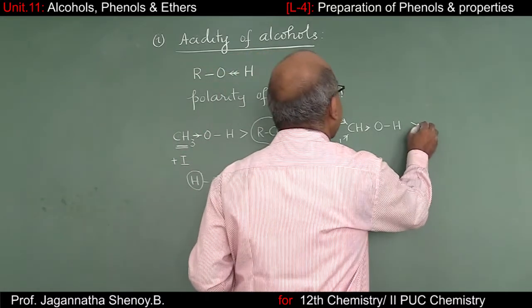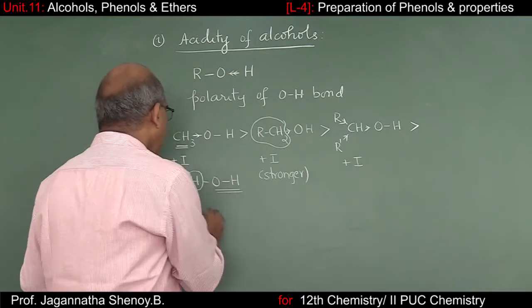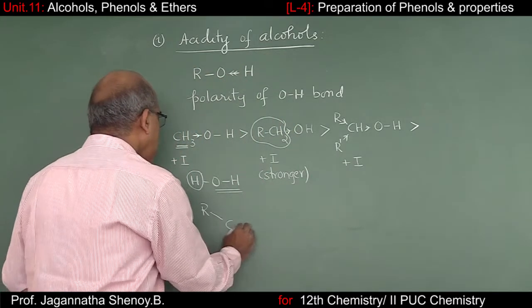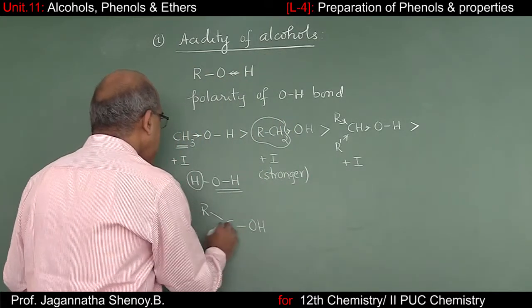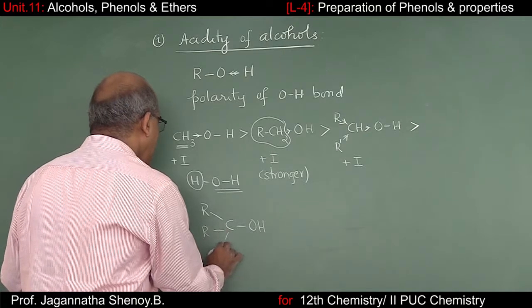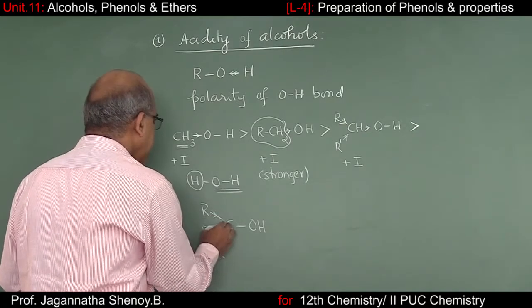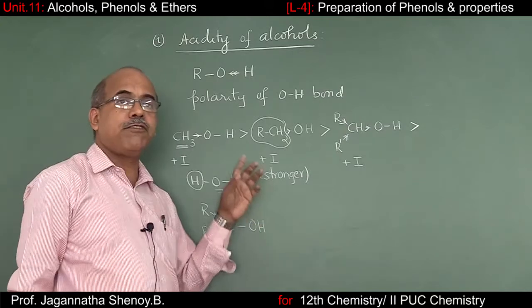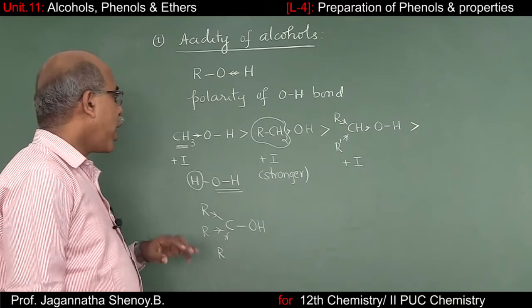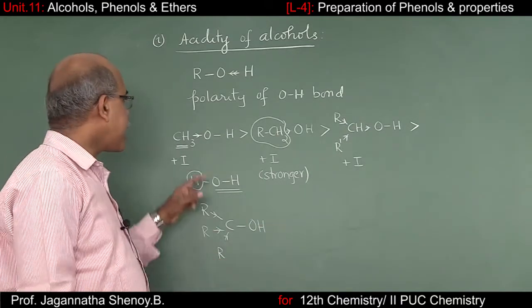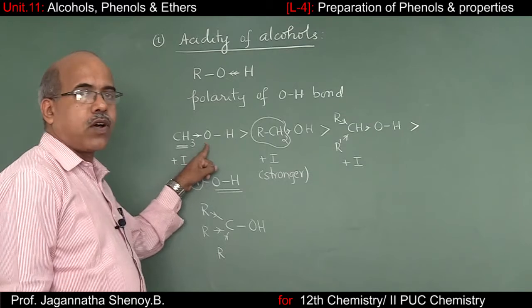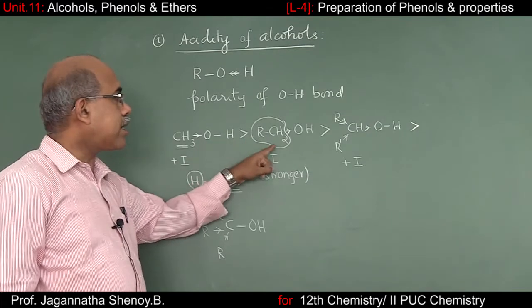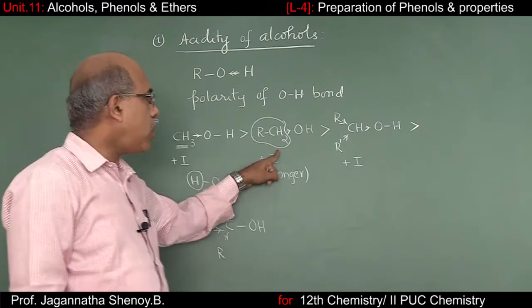Now, extending the same concept, if I go for tertiary alcohol, there are three R groups exerting plus I effect. So the polarity of the OH bond must further decrease. So in short, what I can say is methyl alcohol is a stronger acid compared to a primary alcohol.